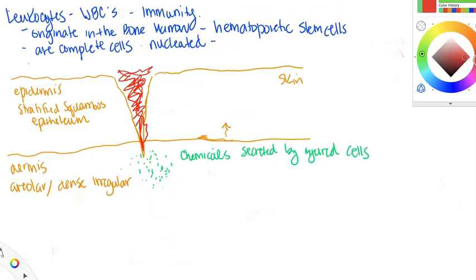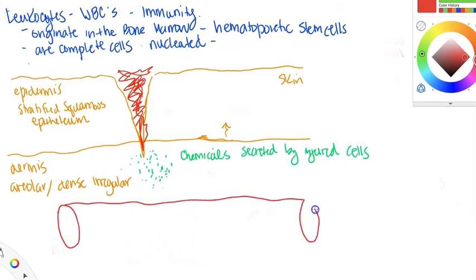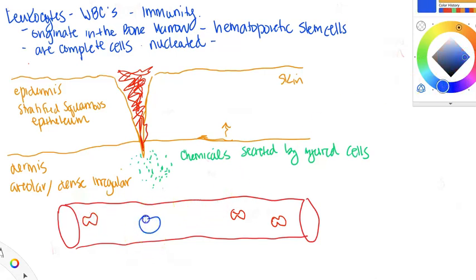And it allows for circulating white blood cells. So of course we've got red blood cells in here, and then we have some white blood cells. The white blood cell is attracted to these chemicals called cytokines to the area of the injury.